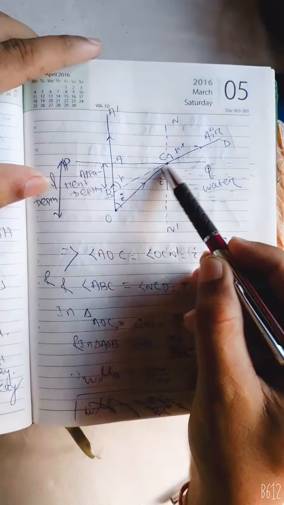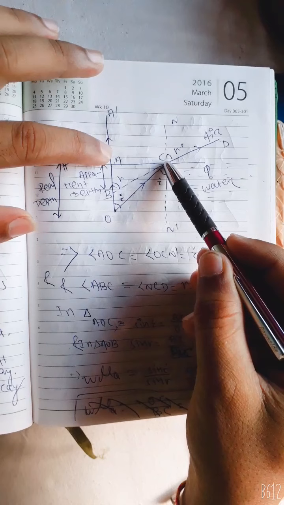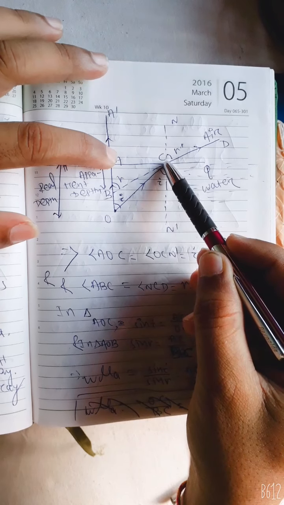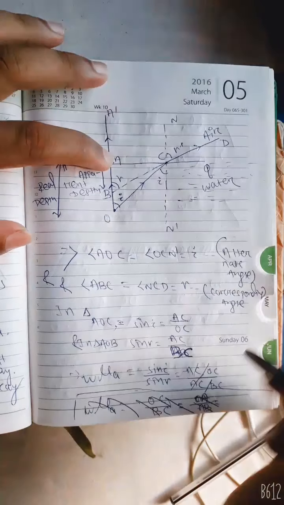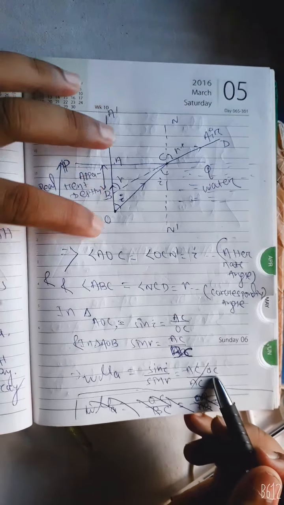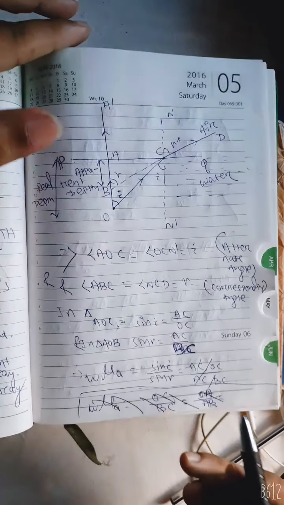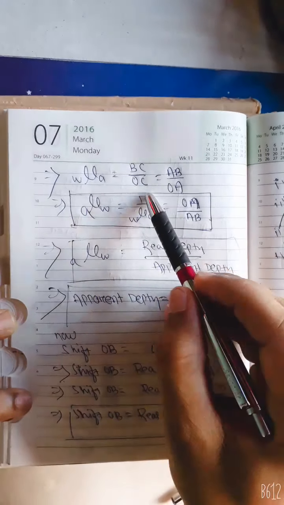If the point C is not very far from A, then BC is nearly equal to BA, and OC is equal to OA. That is mu A with respect to water equals BC by OC.